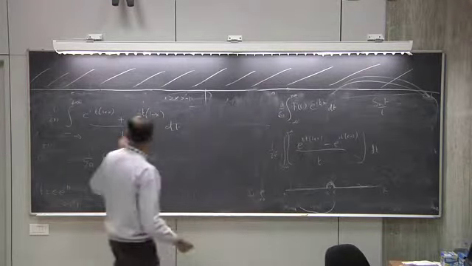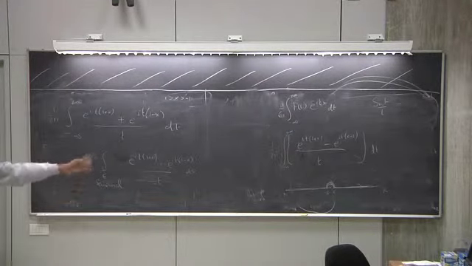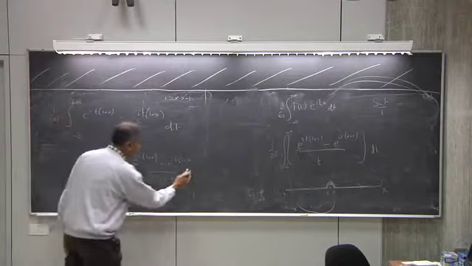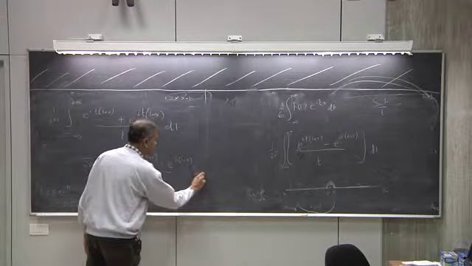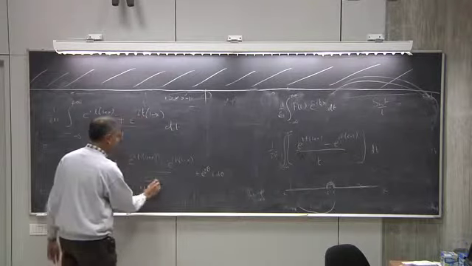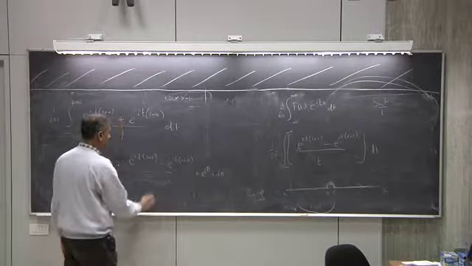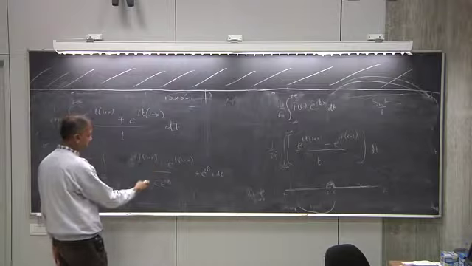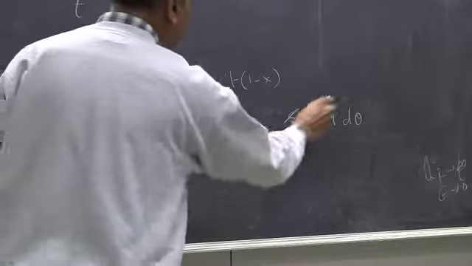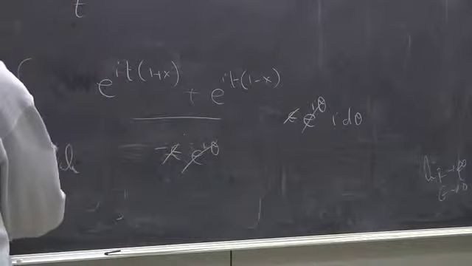So now I'm saying this integral is equal to minus of that integral, which is the same as the counterclockwise one. So this becomes epsilon e to the i theta times i d theta, over epsilon e to the i theta. So epsilon cancels, e to the i theta also cancels, and this integral is from 0 to pi.